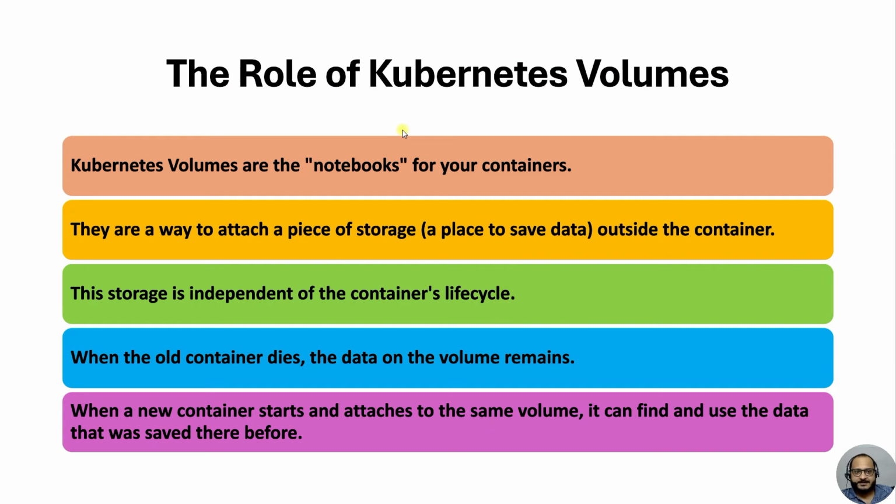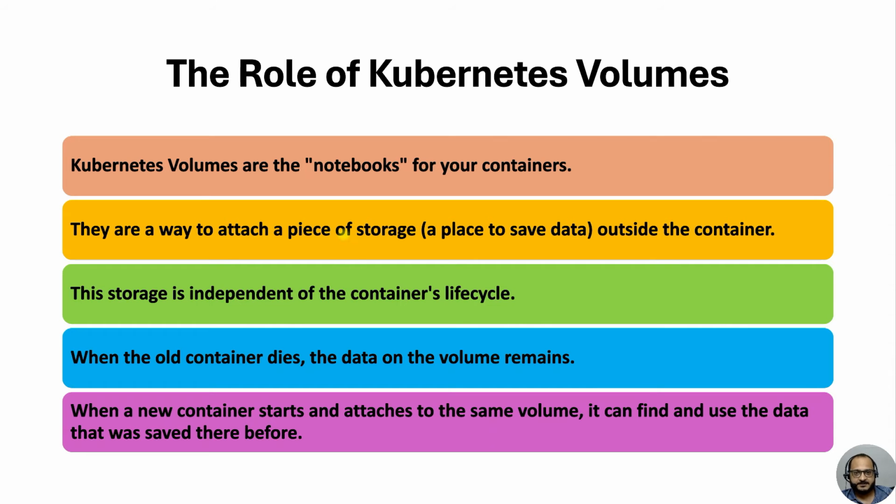Now we will see the role of Kubernetes volumes, and why we need a volume. As we discussed in the previous slides, here are the requirements and the benefits of volumes. Kubernetes volumes are the notebooks for your containers, because they persist your data. They are a way to attach a piece of storage outside the containers.